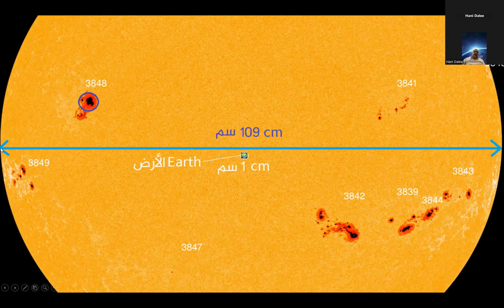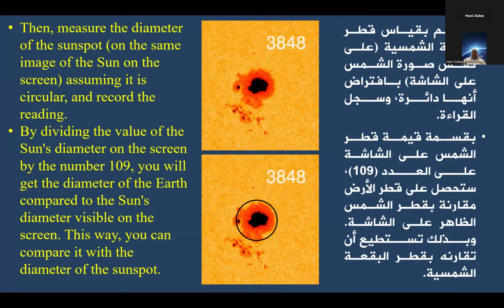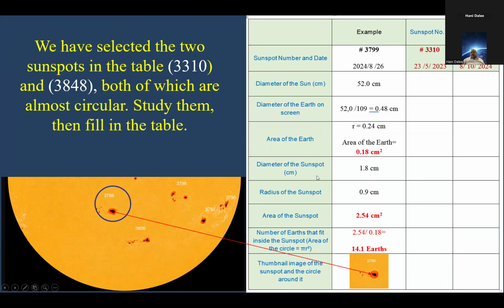It means that we can add 109 Earths on the diameter of the sun. Now you go and you are going to measure. You will not get 109 because your screen is not 109 centimeters. It might give you something like mine. See what I got.